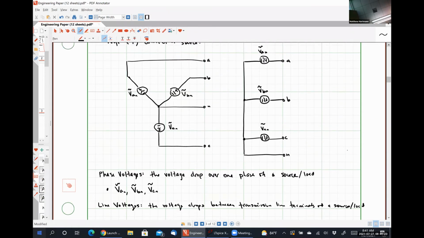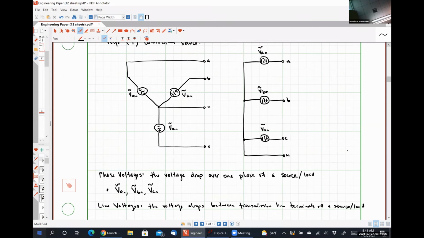So these are not the same as our phase voltages for this configuration. Let me explain what line voltage is.